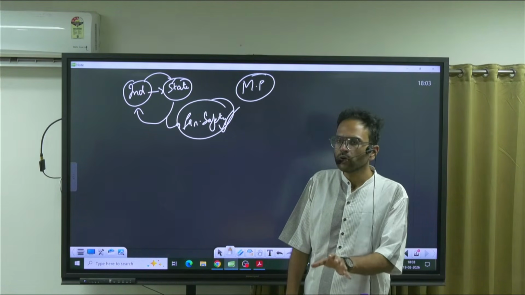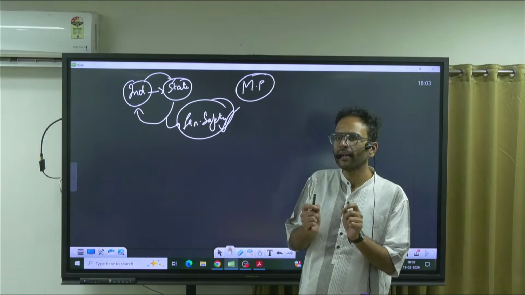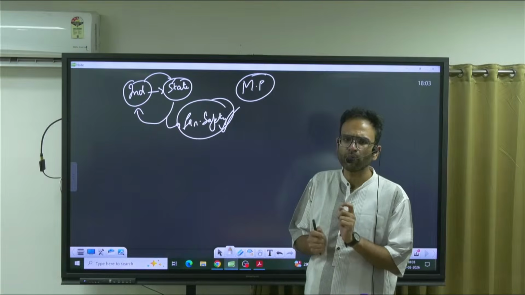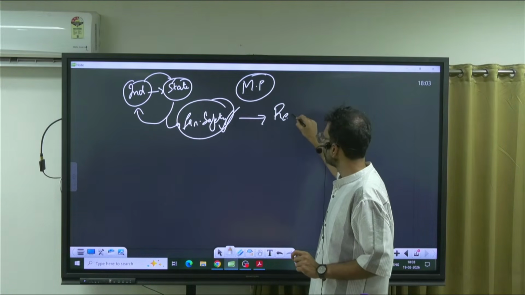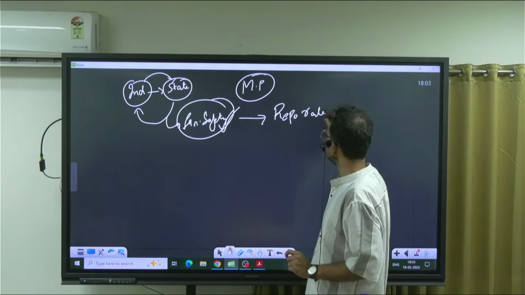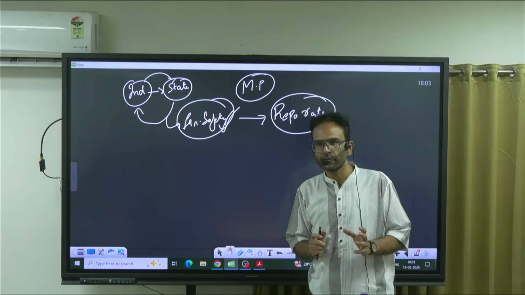Okay. So as a part of this, you have a basis called repo rate. This repo rate is our policy rate. What do I mean by this?